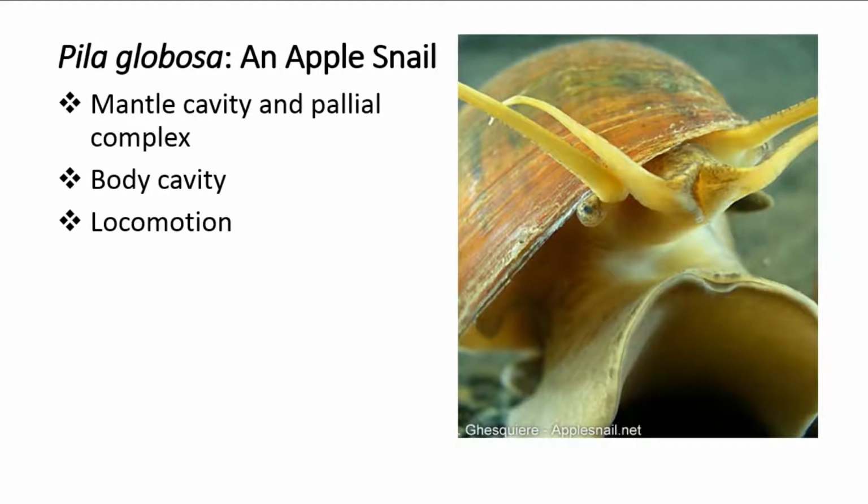Here the head and foot lie on one side, that is why we call it the head-foot complex. Why do the foot and head lie on one side? I already mentioned it, during the metamorphosis of the gastrula and larval stage.